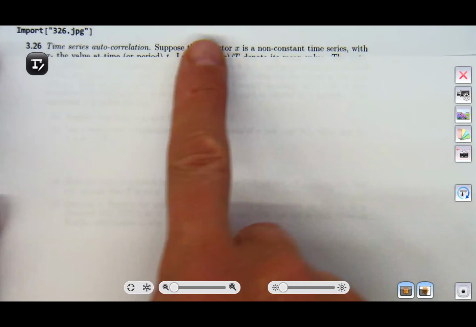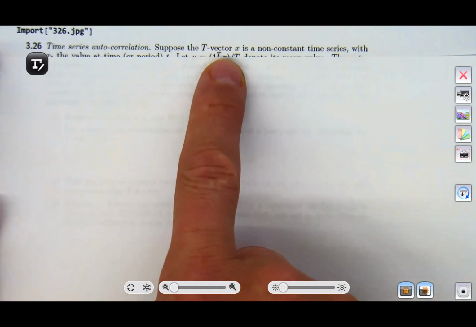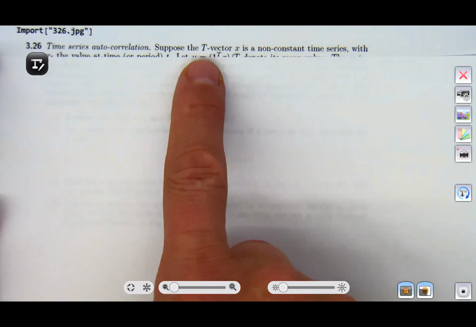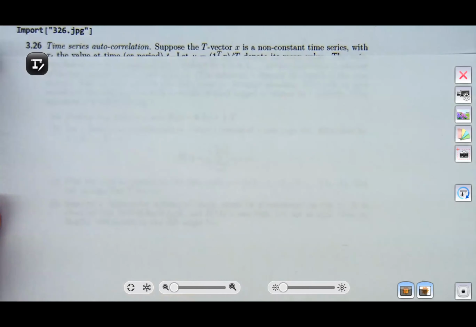Okay, so suppose the T-vector x is a non-constant time series. So now look at this, T-vector x. That is referring to the vector x having uppercase T entries in it, right? So that's just the entire period of time we're considering. All right, so it's non-constant, it's a time series. So what does this mean?